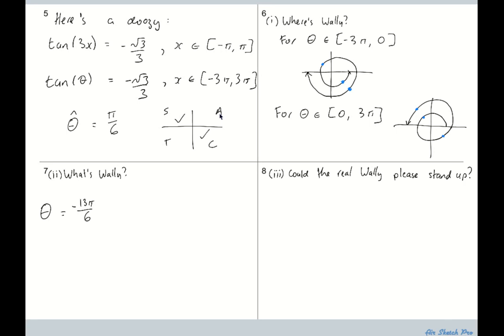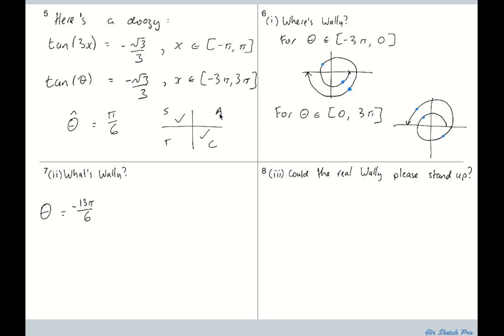Keep moving. Okay, nothing in this quadrant. Here's my next blue dot. This blue dot is heading towards negative pi, but didn't quite get there. So it's going to be less than negative pi. So it's going to be negative pi plus another negative pi on 6.